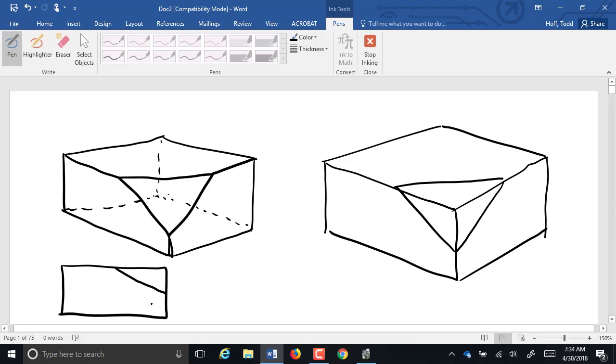What I want to say is this angle here, which I'm going to call angle A, we're going to call that 20 degrees. Then this right end view is going to have another angle, which we'll call angle B, and in this case, I'm going to call that 30 degrees.